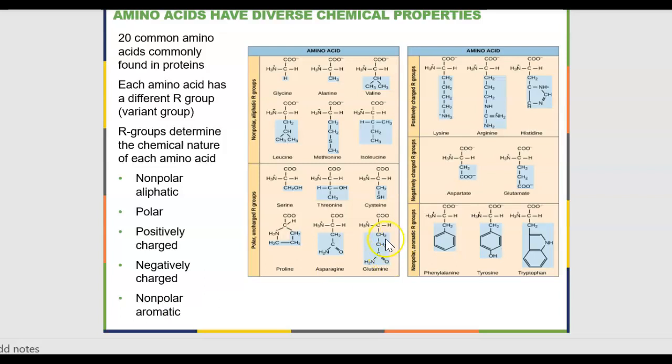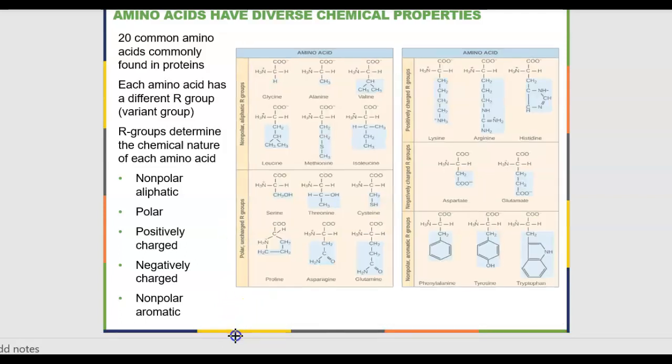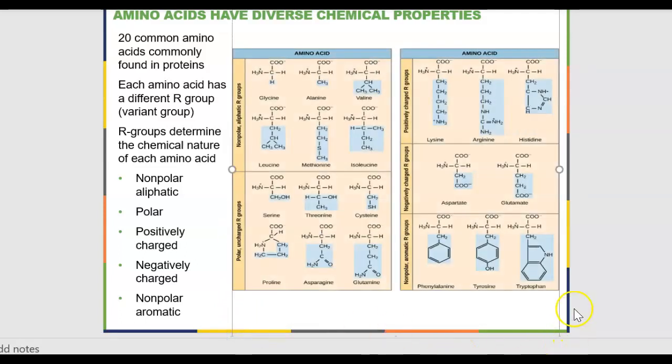So we kind of walked through some of these before. You can see them over here in this diagram. So look at the blue boxes to determine what the R groups are. The way this is organized is great because it really shows you what we're saying over here.